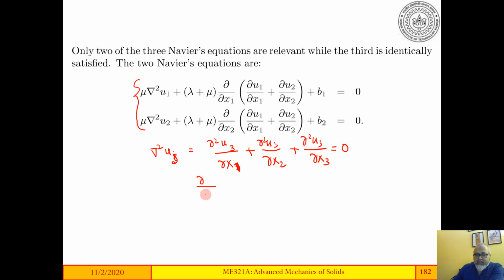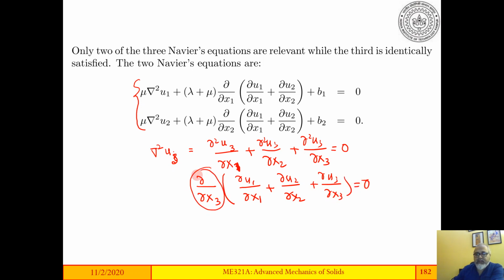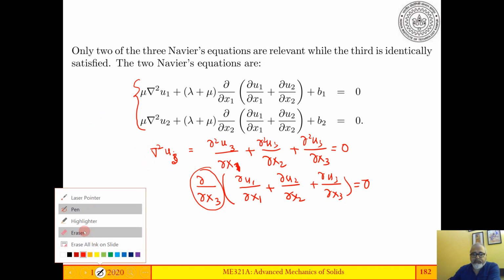And then del x3 of del u1 del x1 plus del u2 del x2 plus del u3 del x3 is also equal to 0, because del x3 of anything is equal to 0. So the third Navier's equation also becomes identically satisfied, trivially satisfied, as 0 equal to 0.